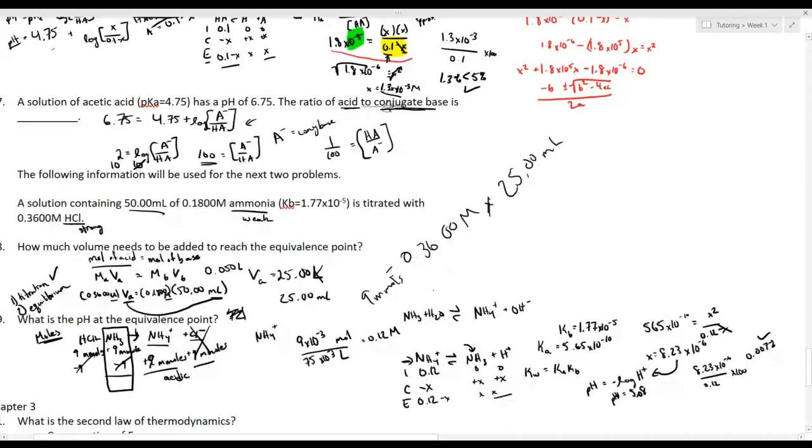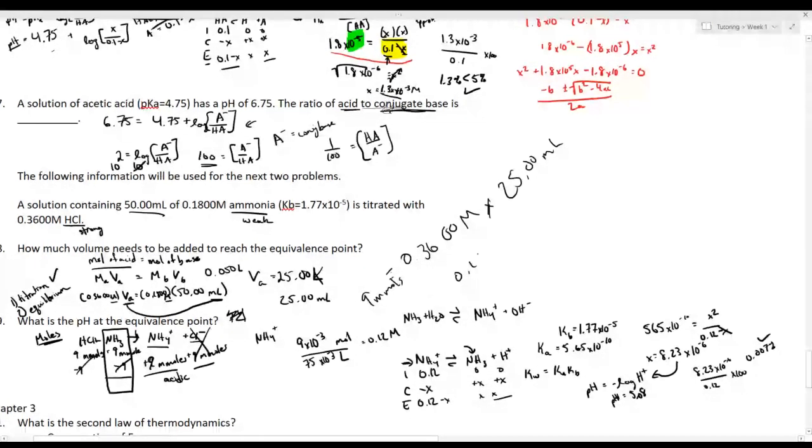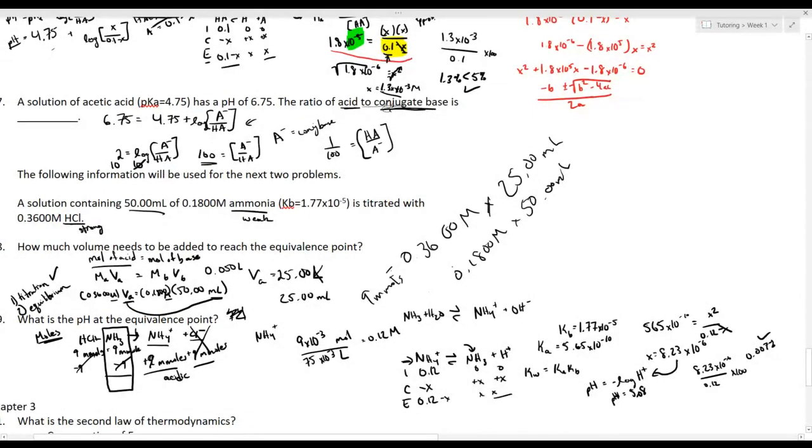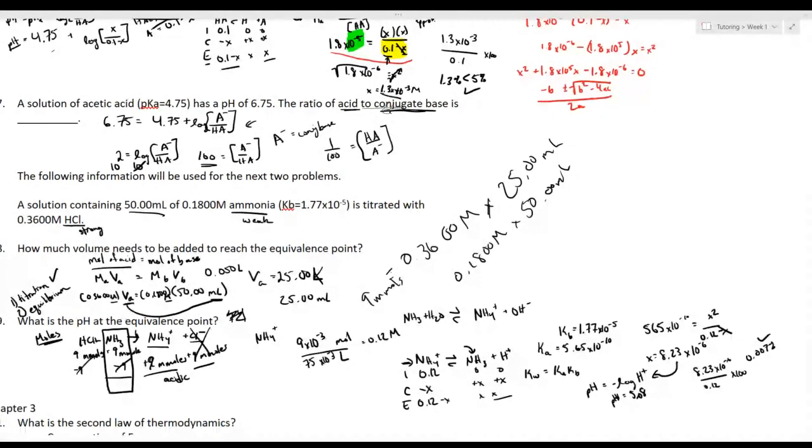And I did the same thing with the base using the 0.1800 molar times the 50 milliliters. Okay, does that make sense? Okay, awesome. All right.